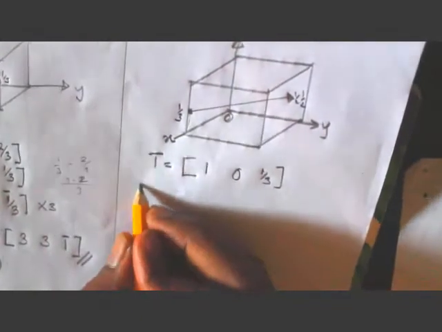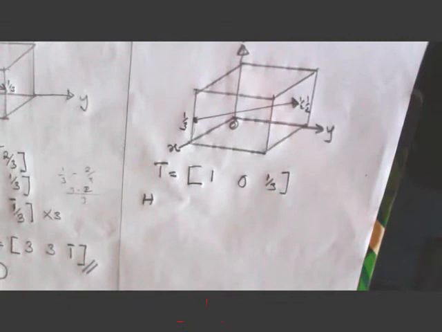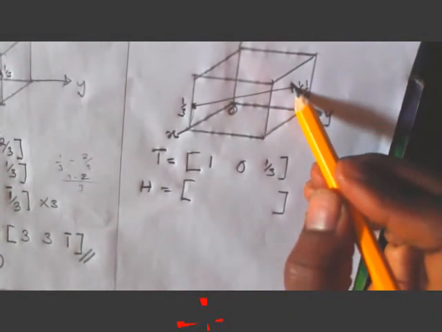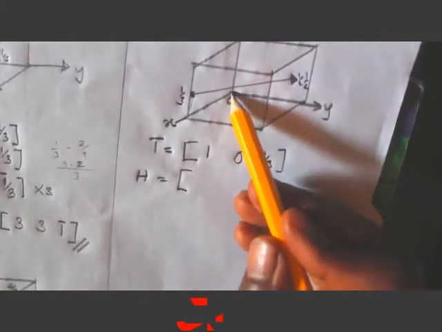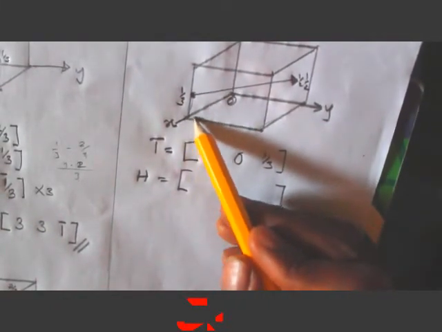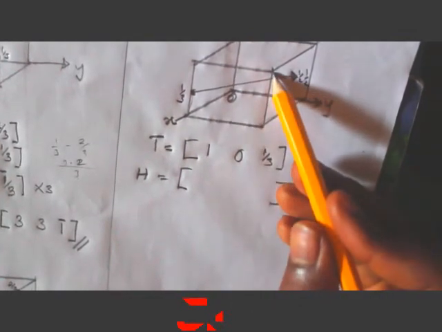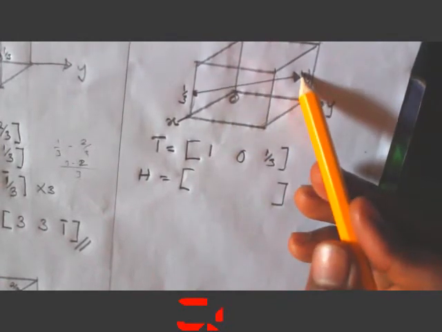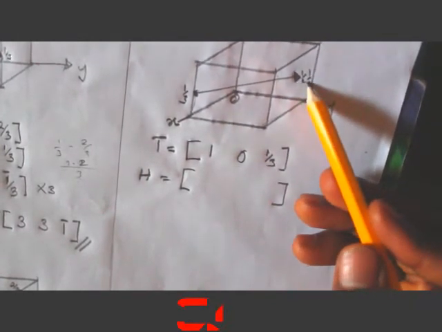So for the head, be careful, this is our head. We can say that here is 1, here is 1, here is 1. It can't give you this head. But what about if you go for half? Since you see, double half.